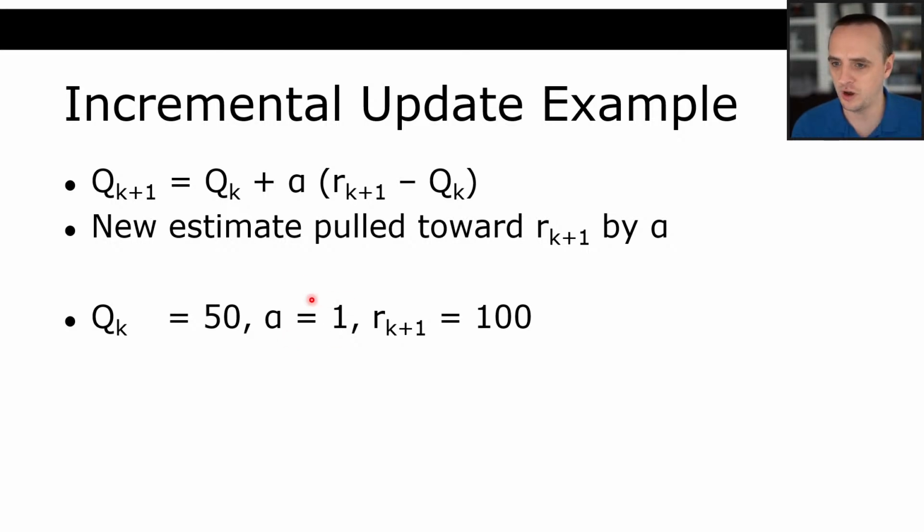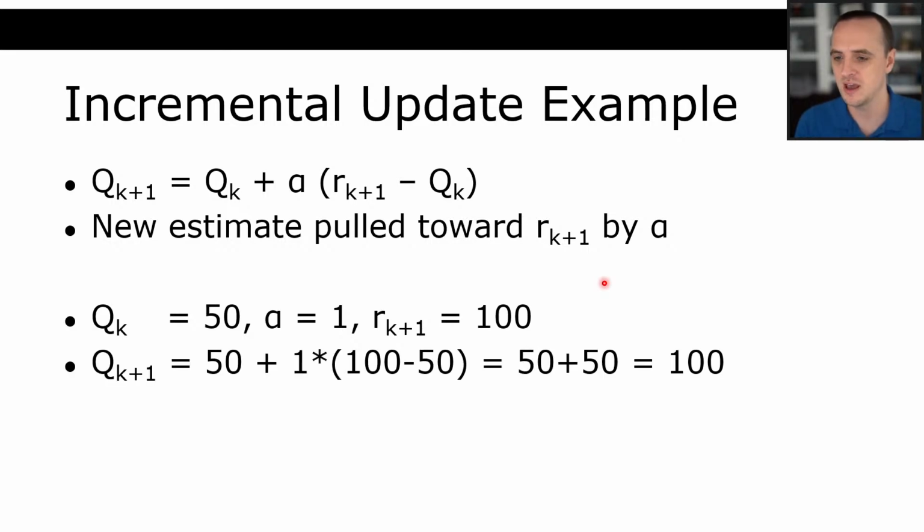Alpha equal to 1 is going to mean that we 100% trust the new sample only. And here's how the math works out. We have our previous estimate, and we add 1 times the new sample, which is 100, minus 50. So we get 50 plus 50, which is equal to 100.